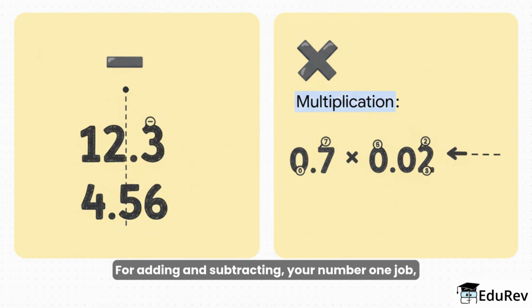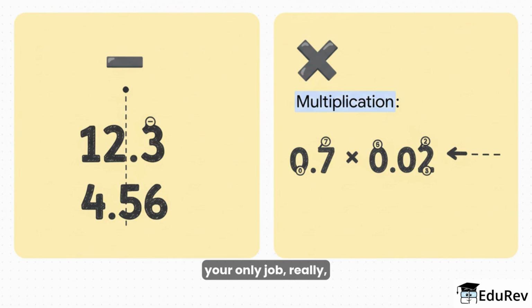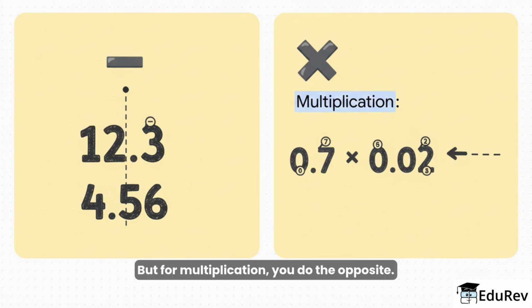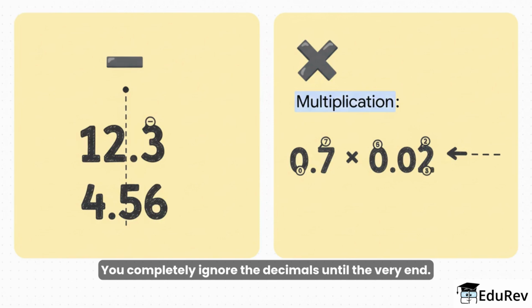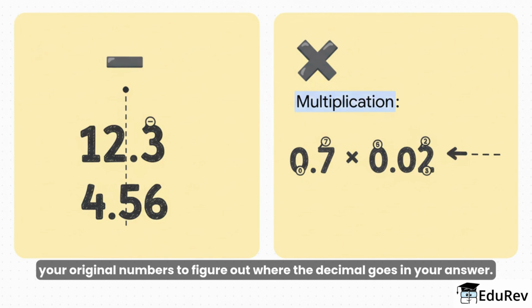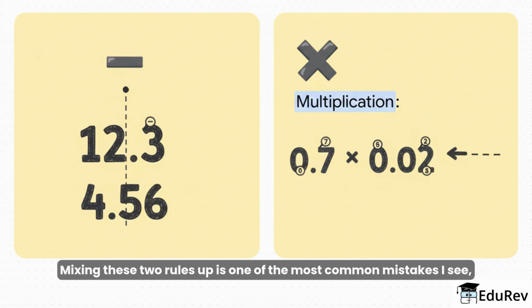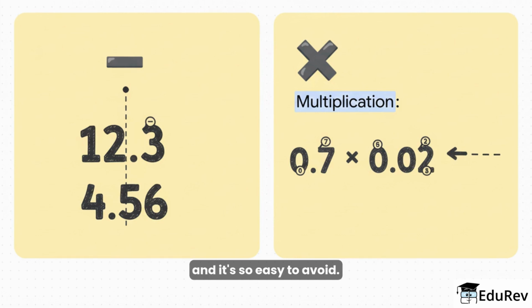For adding and subtracting, your number one job, your only job really, is to align the decimal points vertically. Line them up. But for multiplication, you do the opposite. You completely ignore the decimals until the very end. You just multiply the numbers like they're whole numbers, and then you go back and count the total decimal places from your original numbers to figure out where the decimal goes in your answer. Mixing these two rules up is one of the most common mistakes I see, and it's so easy to avoid.